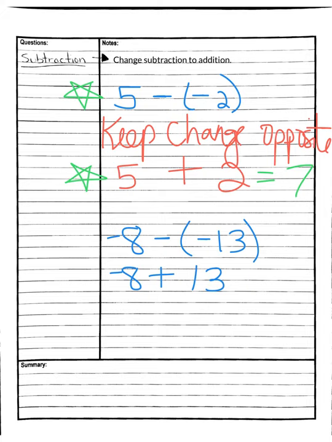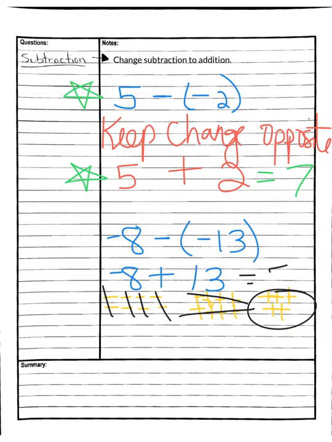And now we go back to looking at our plus and minus signs. If I have 8 negatives and I have 13 positives, I know that all 8 negatives and all 8 positives cancel out, and what do I have left? 5 positives.